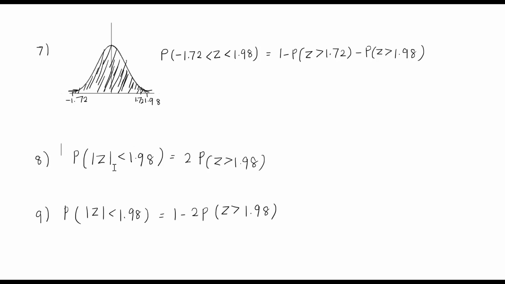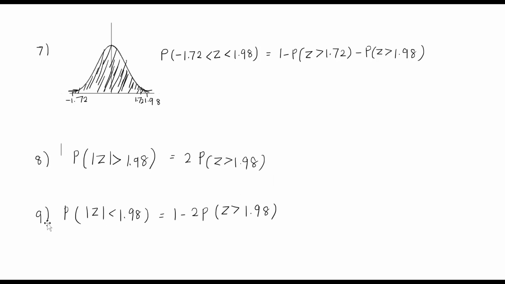And when we have the modulus, modulus z greater than 1.98, then it is equal to 2 times the probability of z greater than 1.98.